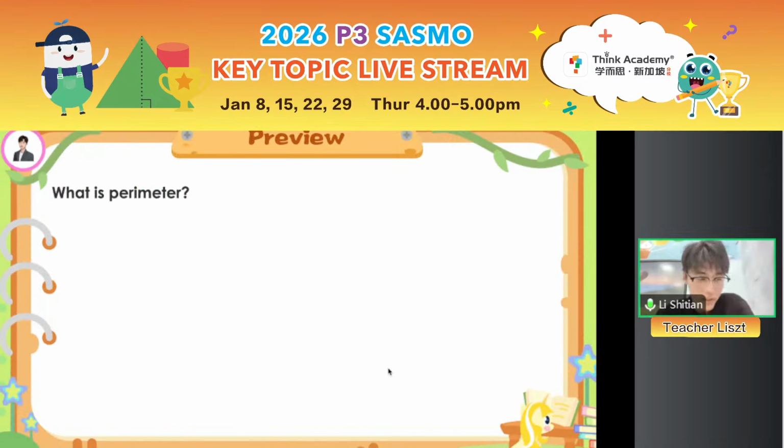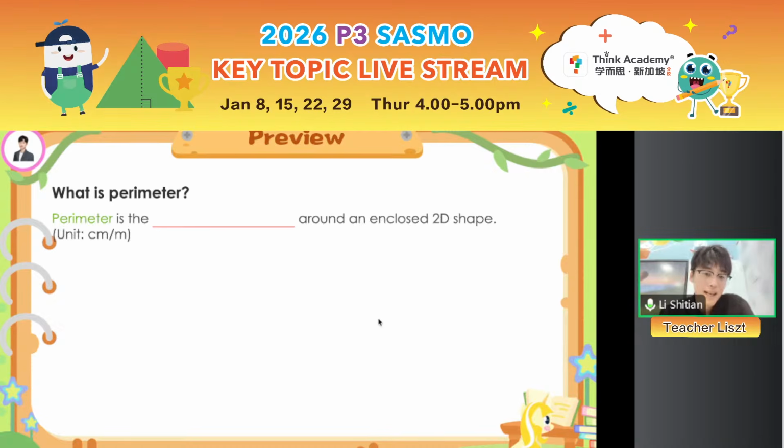So now let's go. What is the parameter? Do you still remember the concept of the parameter? The parameter is the total length of all sides around an enclosed 2D shape, right? For example, a triangle here. Can you find the parameter of it? Of course, use how long this side is, plus this side, plus this side. Then we know the parameter.